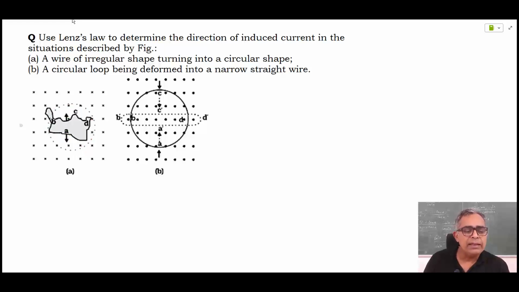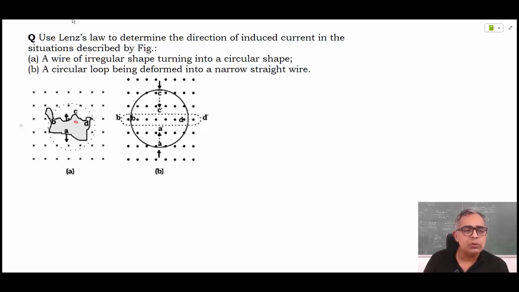So when we stretch it and try to have the circular loop, this means that the already existing field that is perpendicular to the screen and away from you will increase the flux. The direction of induced current will be such that it will create a field in such a way that it will not let the flux increase.